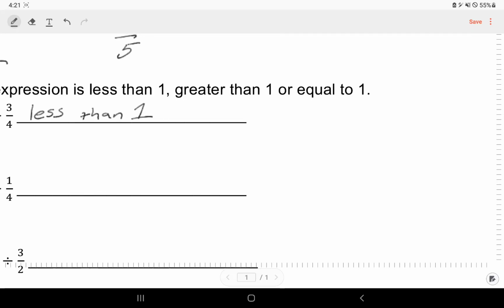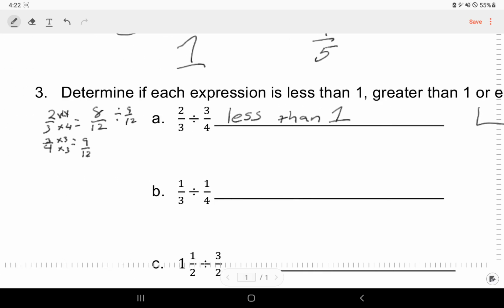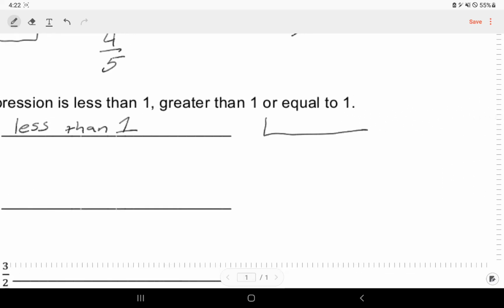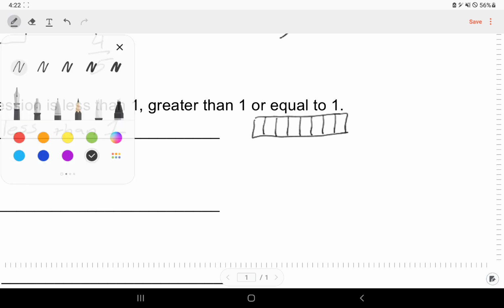Now, as a tape diagram, yeah, we already converted them to the same unit, so they're 12ths. So here's my 1, 2, 3, 4, 5, 6, 7, 8 12ths. Well, I'm dividing it by 9 12ths.